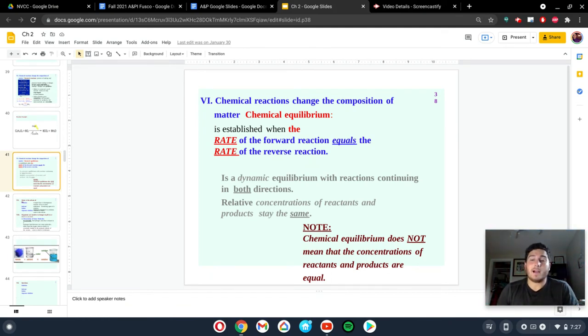So, with that said, sometimes the rate at which reactants turn to products is the same as the rate at which products turn to reactants. So, it doesn't mean nothing's happening. What that means is there's 2 reactions occurring at the same rate, so you don't even notice there's a difference going on, which is kind of strange sometimes to think about. But that's called chemical equilibrium, so when it equals out.